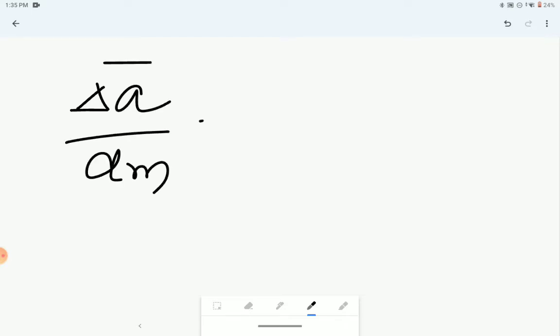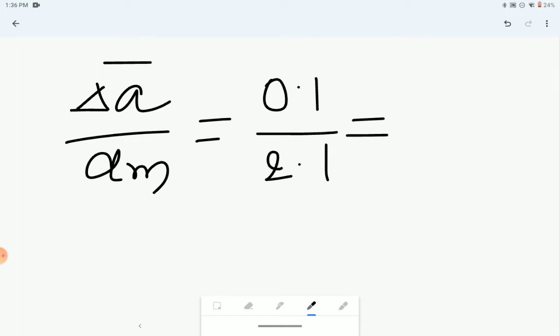We found the absolute errors 0.1, 0, 0.1, minus 0.2, and their mean resulted in 0.1 second, and our true value or mean value came out to be 2.1. So this ratio is the relative error or fractional error, 0.1 upon 2.1, which is 1 by 21.